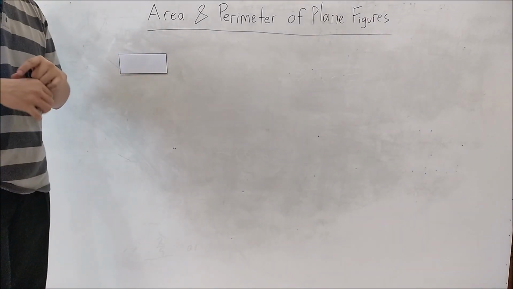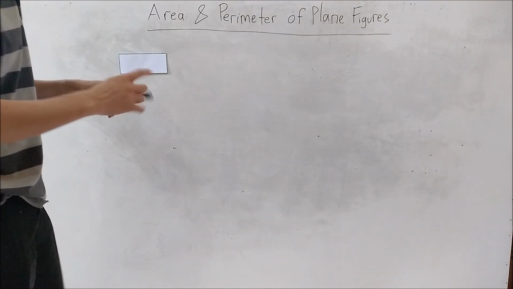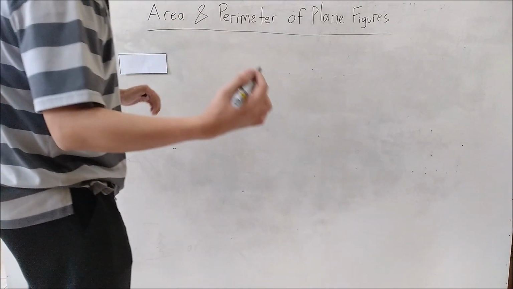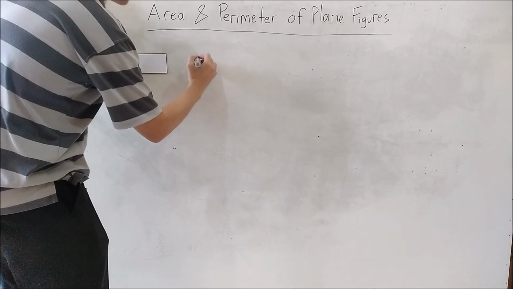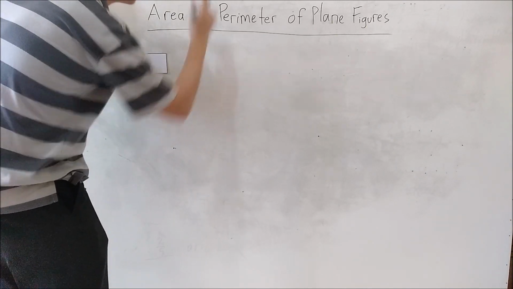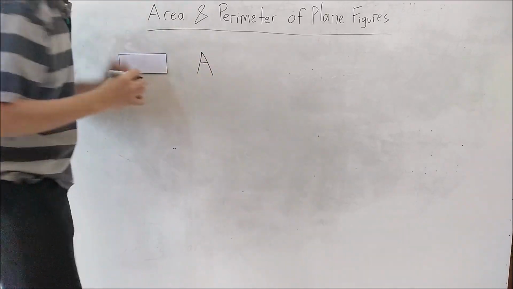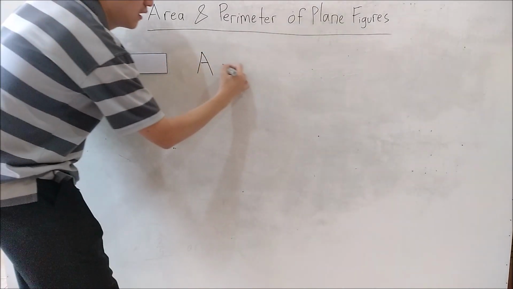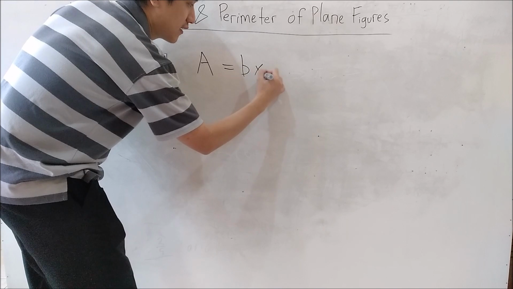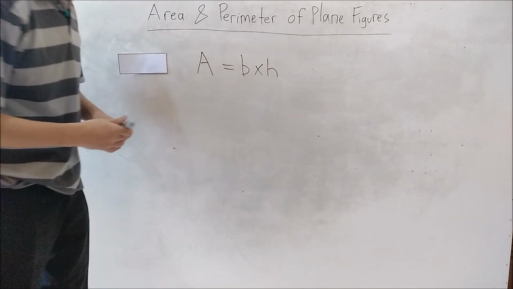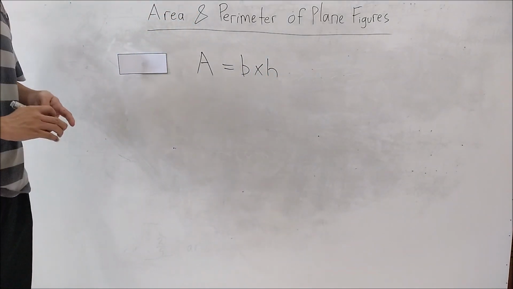However, let us refresh our memory a bit. If you have learned in elementary, the formula of the area of a parallelogram is base times height. But why? Why base times height?